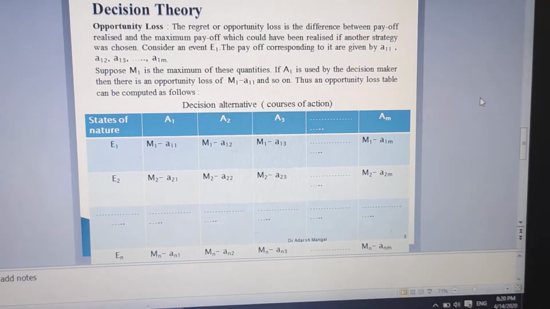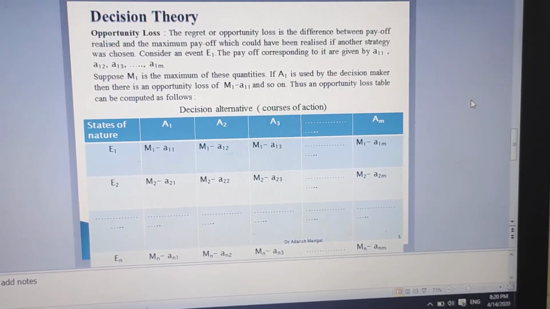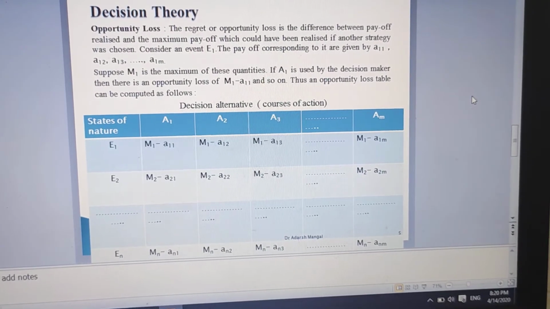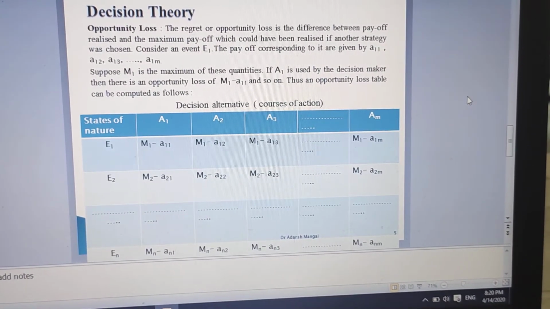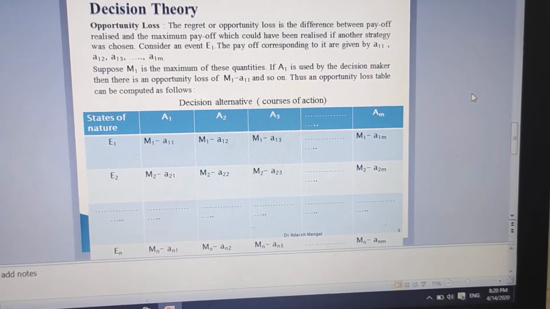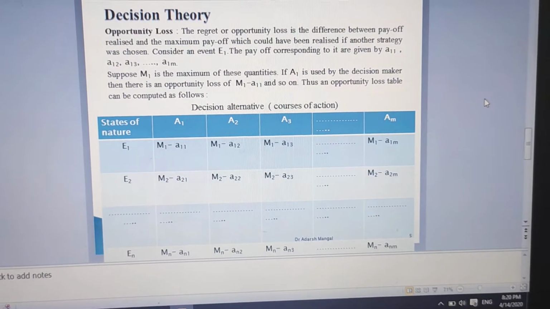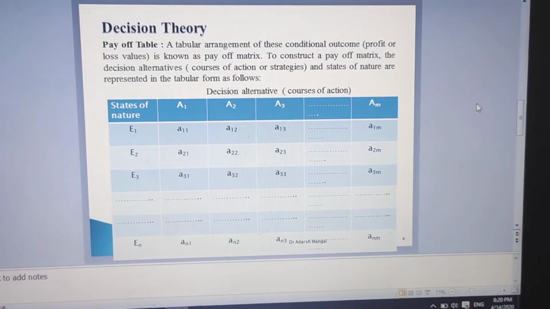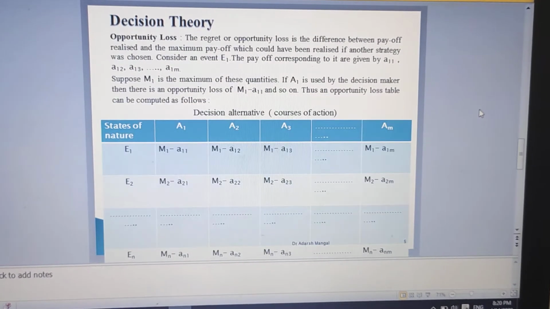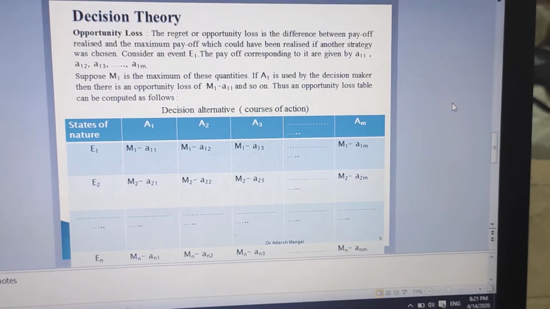Now, opportunity loss. The regret or opportunity loss is the difference between the payoff realized and the maximum payoff which could have been realized if another strategy was chosen. Consider an event E1. The payoffs corresponding to it are a11, a12, a13, up to a1m. Here we have decision alternatives. Suppose M1 is the maximum of these quantities.